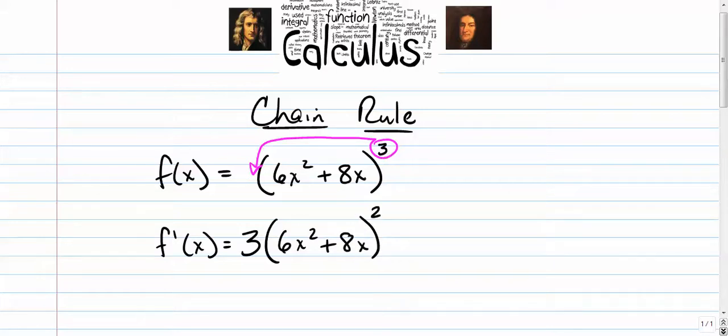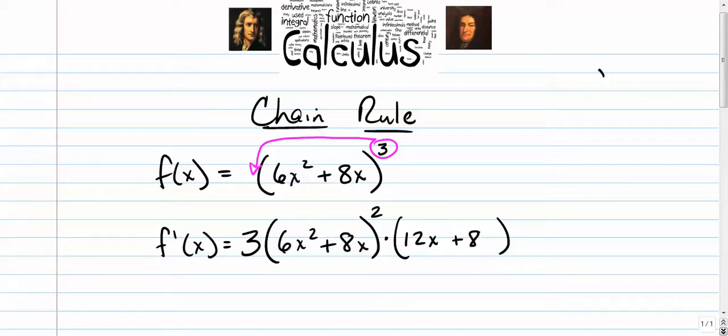We reduce that exponent by 1. And then here's the different part. So far it's exactly like the power rule, but here we want to multiply it by the derivative of what's inside, which is going to be 12x to the first plus 8.